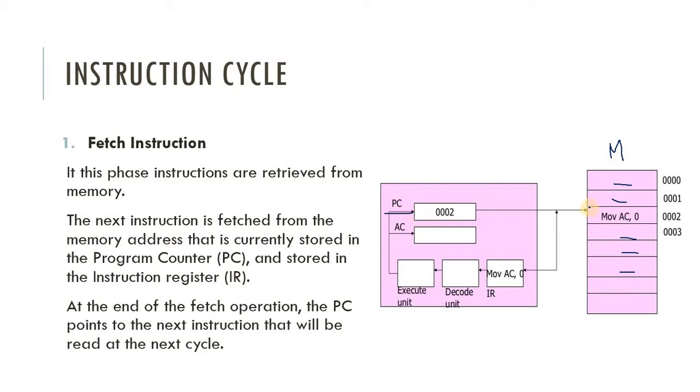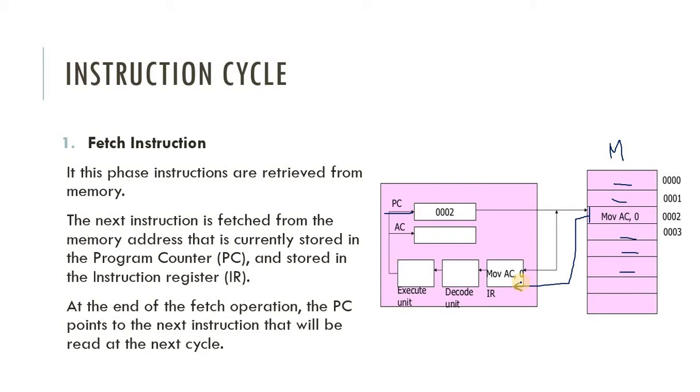We go to that address in the memory, fetch the instruction, and store it into the instruction register. We all know the instruction register is used to store the instructions from the main memory. So we get the address from the program counter, go to the main memory, fetch the instruction, and save it to the instruction register.